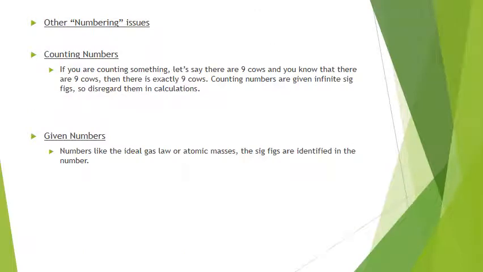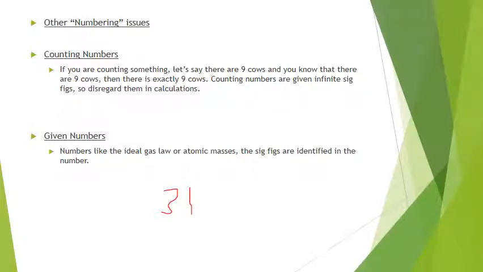Okay, other numbering issues. Sometimes when we write down a number, you have to determine its score. So if I wrote down 31, okay, you would say it has a score of 2.